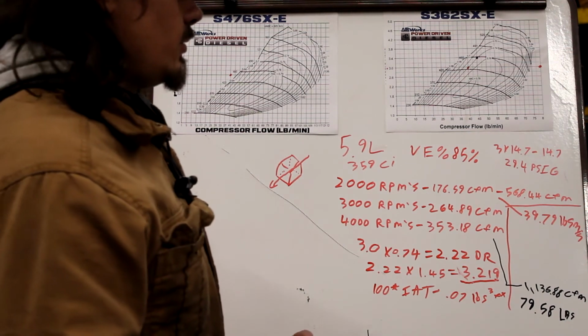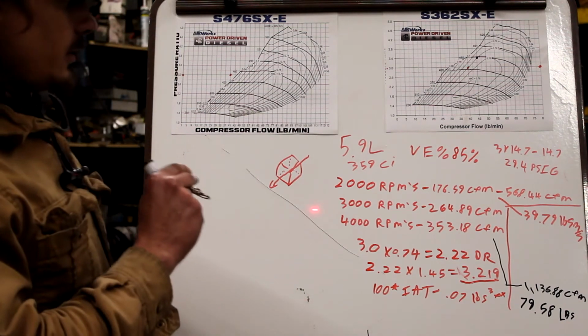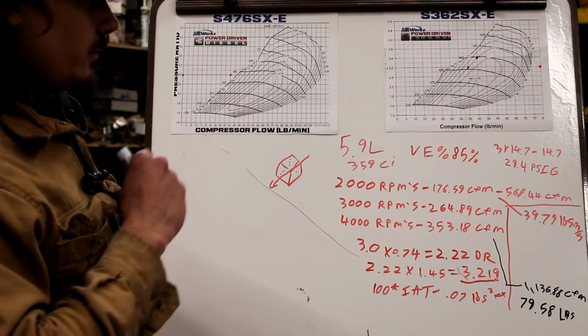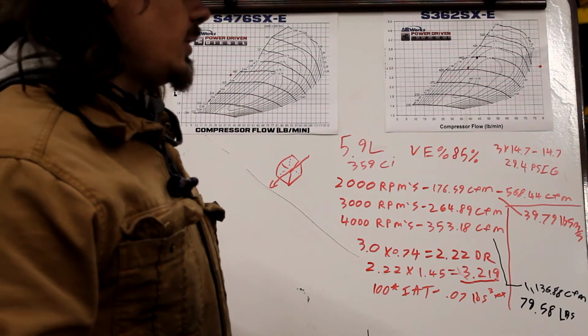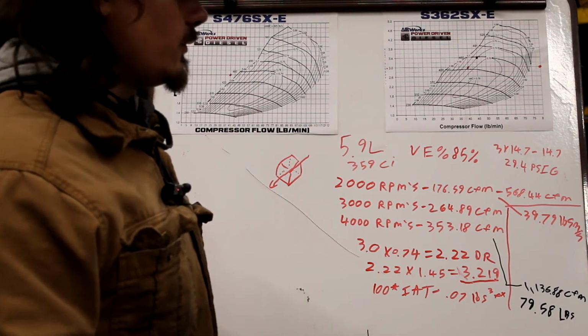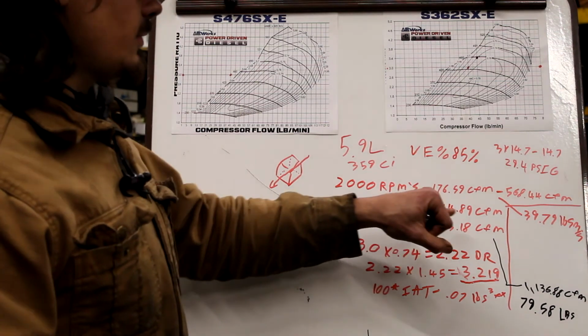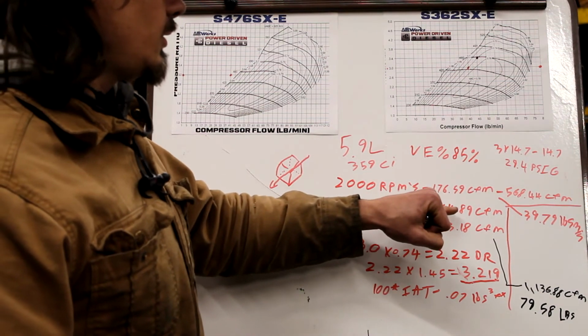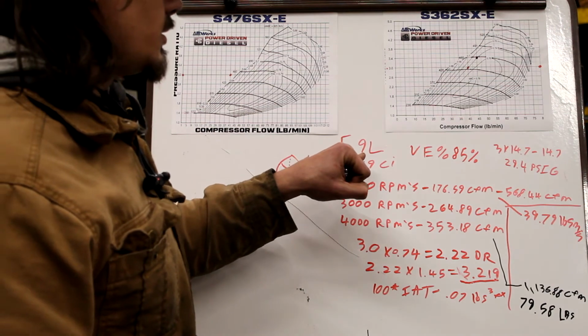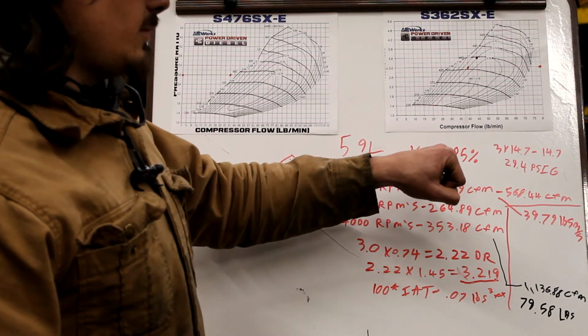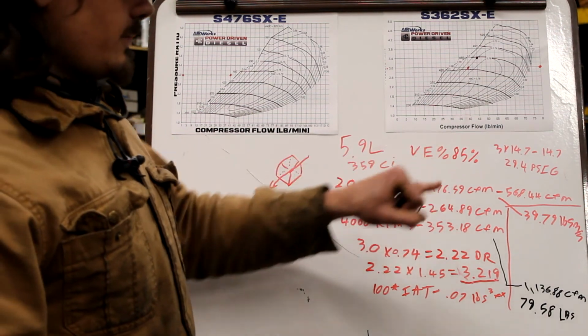So the next thing that we can do though is calculate the 3000 RPM one at 264.89 CFM. Remember, that is the naturally aspirated CFM of this 5.9 liter engine at an 85% volumetric efficiency.